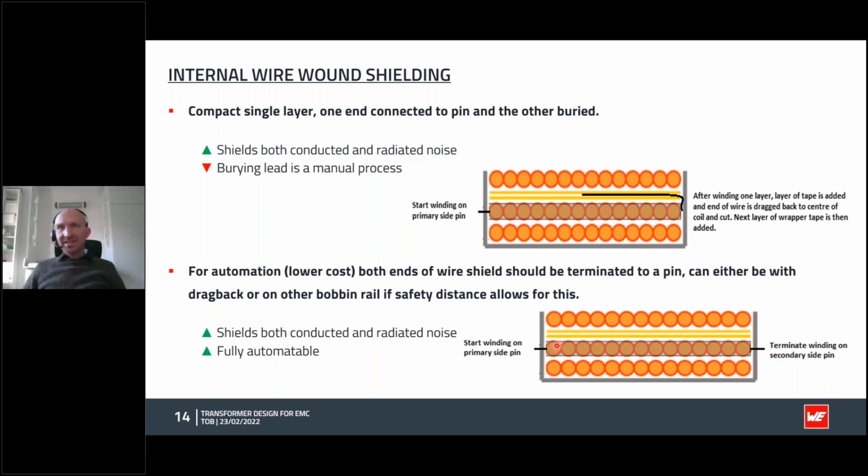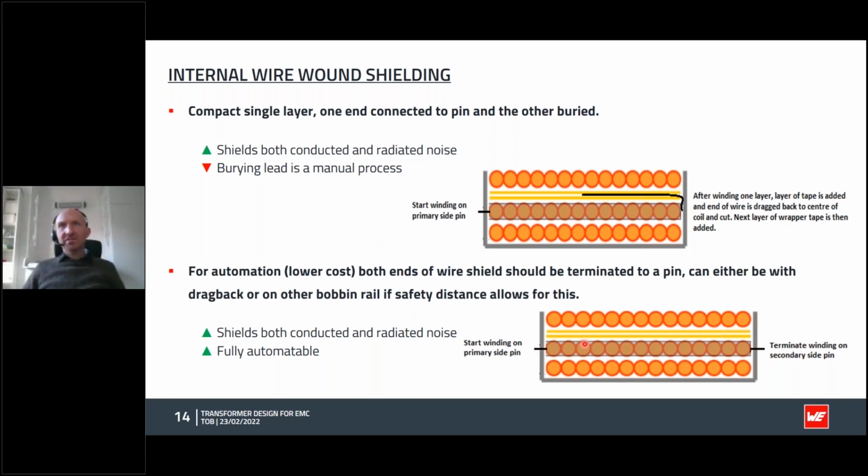So we can do the exact same thing. We wind all the way across and then we just terminate the other end to an unused pin on the bobbin, if we have one. We can do this, then wind all the way across and terminate to the other side if safety allows, or we can wind all the way across and drag this wire back to the primary and terminate to an unused pin on the primary, and that then can be fully automated, which is a very cheap and nice way to do a layer.